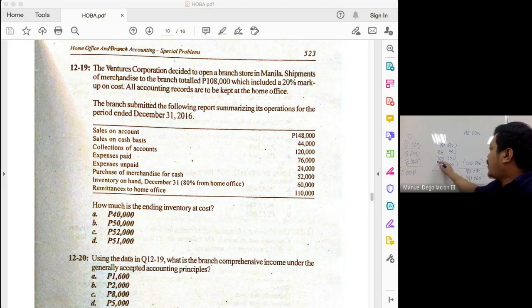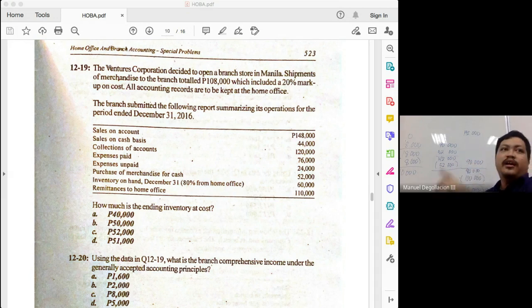So our goods available is 142,000, and then our ending inventory at true cost is 52,000. That means the cost of goods sold is 90,000. Okay, so that means this is the true cost of goods sold of the branch.